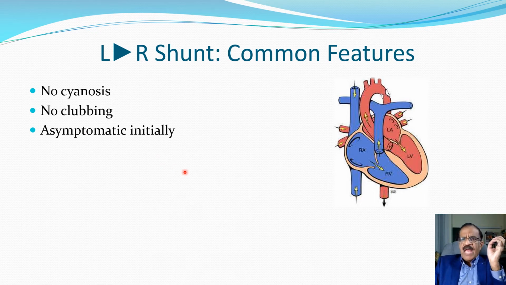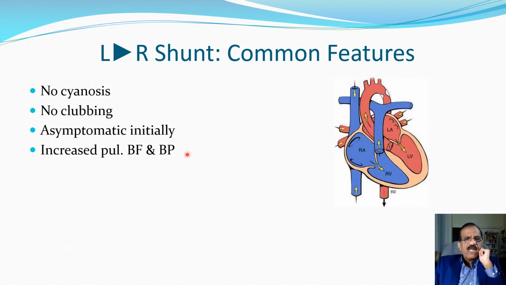They may have repeated chest infections or some chest congestion, and they are treated with simple medication. Unfortunately, a diagnosis of left to right shunt may be missed because these children have minimal symptoms, especially no cyanosis. That is why the diagnosis is typically delayed.